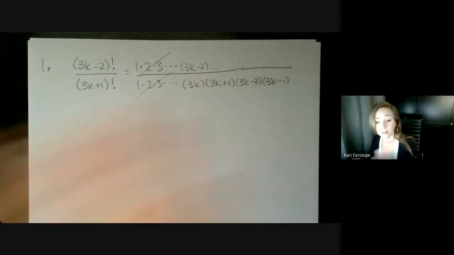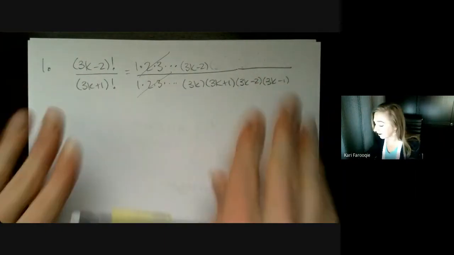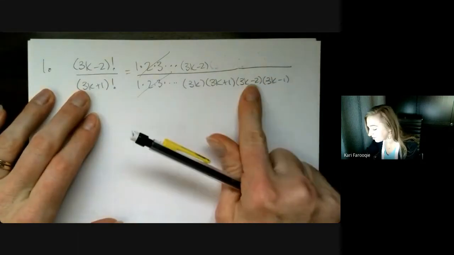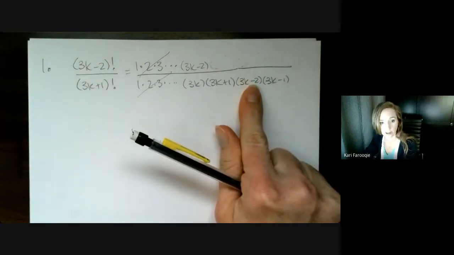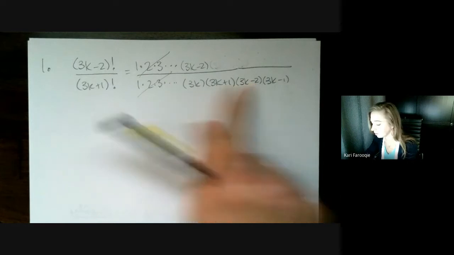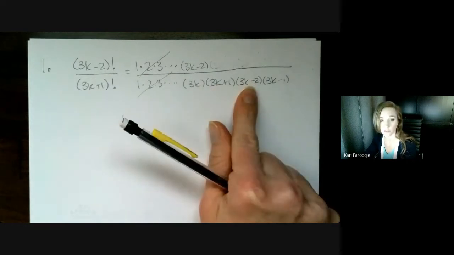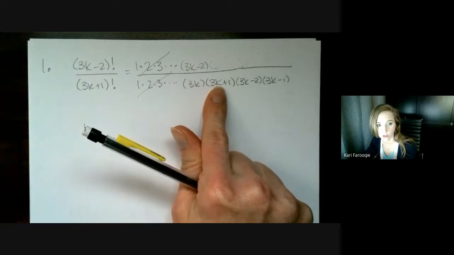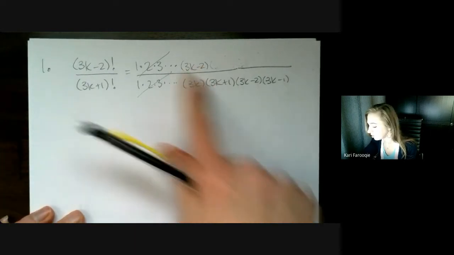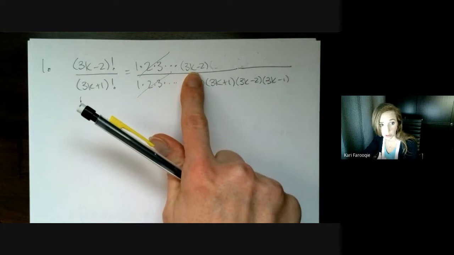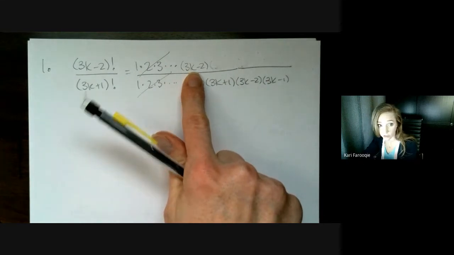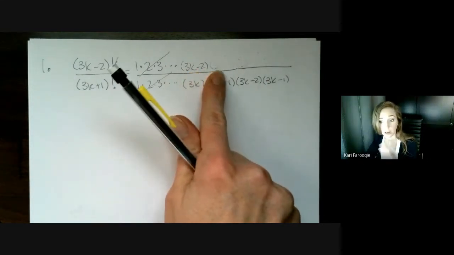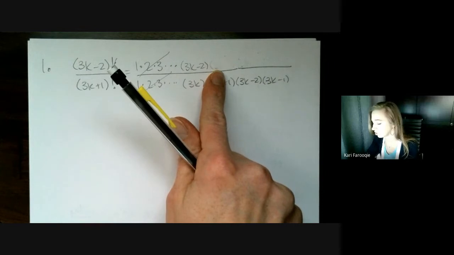No, wait, I'm not losing it. Everything's fine. I'm going up to 3k plus 1. I didn't have to start there, but it's technically included that if I'm getting all the way up to the plus 1, I had to start at minus 2, minus 1, plus 0, plus 1, and so forth. And then up here in the numerator, I'm just going up to 3k minus 2, and that's the highest it's going to go. I can't go up to 3k minus 1 because that would be one more term.